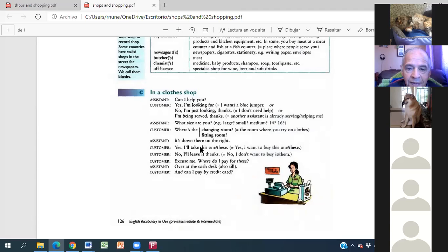It's down there on the right. I'll take this one. Or you can also say, no, I leave it. Thanks. Okay. The customer again. Excuse me, where do I pay for this? Over at the cash desk. And can I pay by credit card?